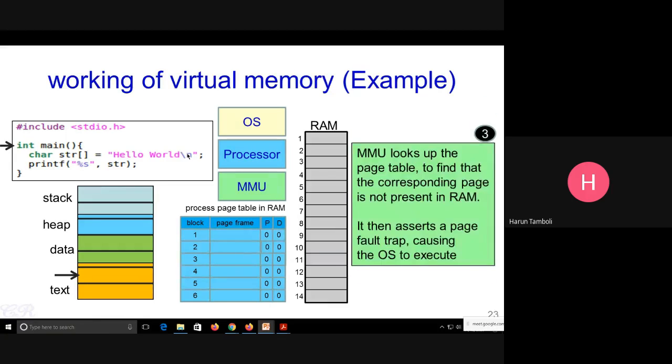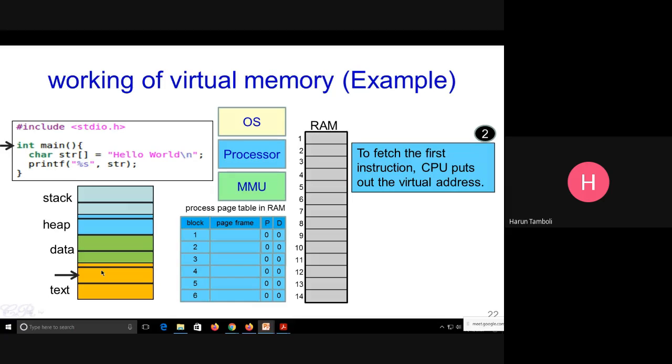Okay, again I am repeating the process. What happened first? First, the OS transfers control to the main function. Then the processor tries to access the first instruction. For that purpose, the processor has the virtual address.